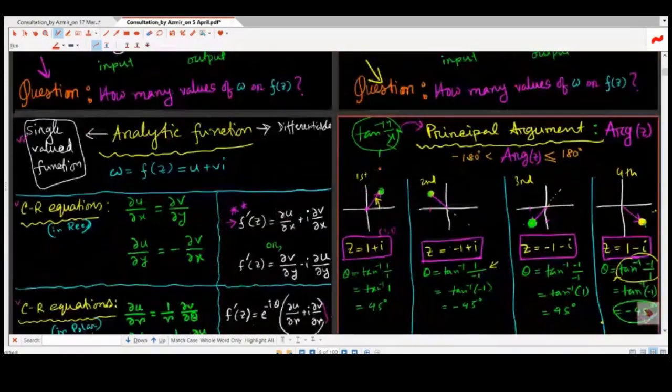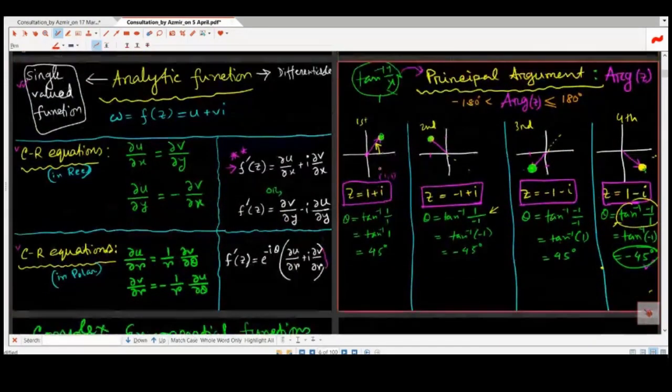In my last session, I discussed analytic functions. You know that if we have a function w equals f of z equals u plus vi, then to check whether this function is analytic or not, we need the Cauchy-Riemann equations.